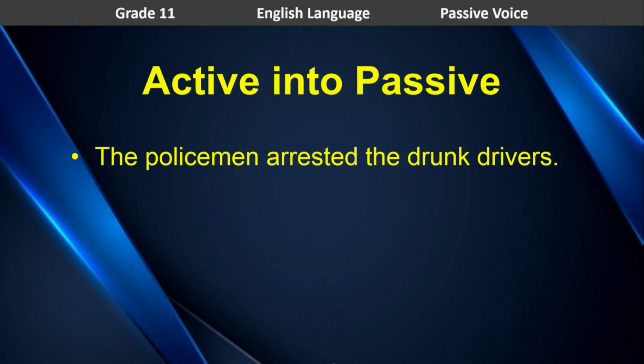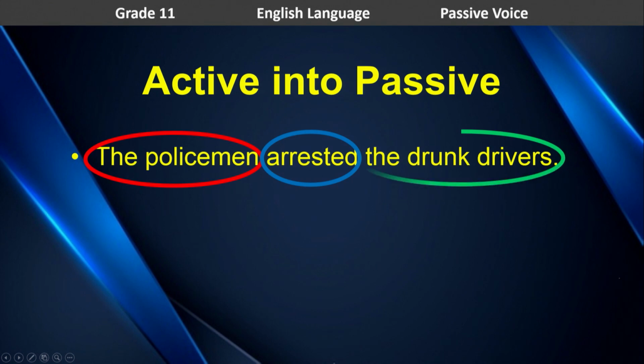Yes. Right. Now, in this slide, we are going to discuss how a sentence that is in the simple past tense can be converted into the passive voice. The policemen arrested the drunk drivers. Let's have a look at this sentence. The policemen is the subject of the sentence, arrested is the verb, drunk drivers is the object.